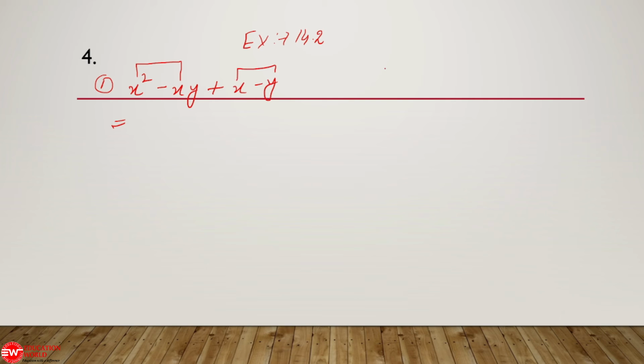From the name it is clear, grouping means for doing grouping we need pair of two. So it means there may be two terms, there may be four terms, there may be six terms, there may be eight terms, and we can do the grouping. Okay, so we are trying to do the grouping for this one.